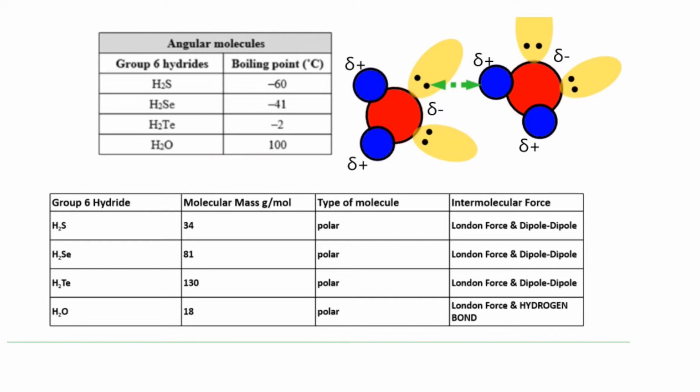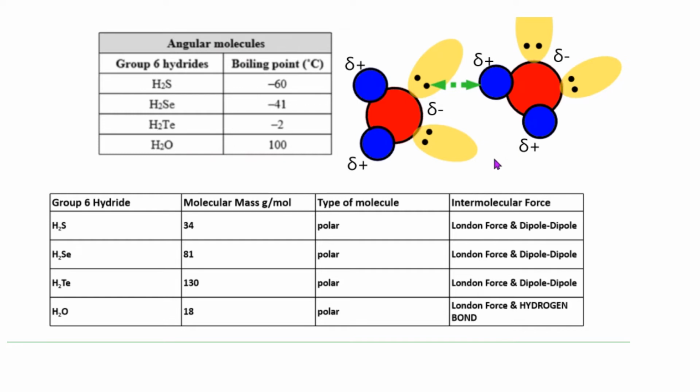Before I get into the nitty-gritty of the hydrogen bond, I'd like to look at the shape of each of these group 6 hydrides. So if the red atom here represents the group 6 element, so for example the S or the Se, the Te or the O, and the blue represents the hydrogen.